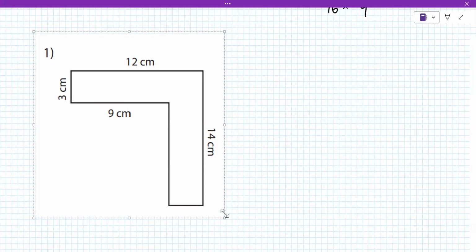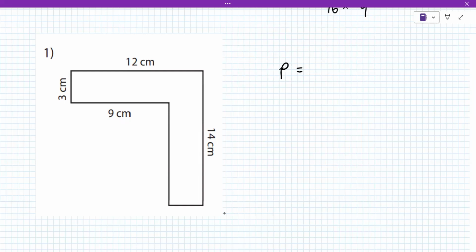So here's what I want you to do. I want you to first find the perimeter of this. And it does require you to find a missing dimension. The missing dimension would be 11, wouldn't it?